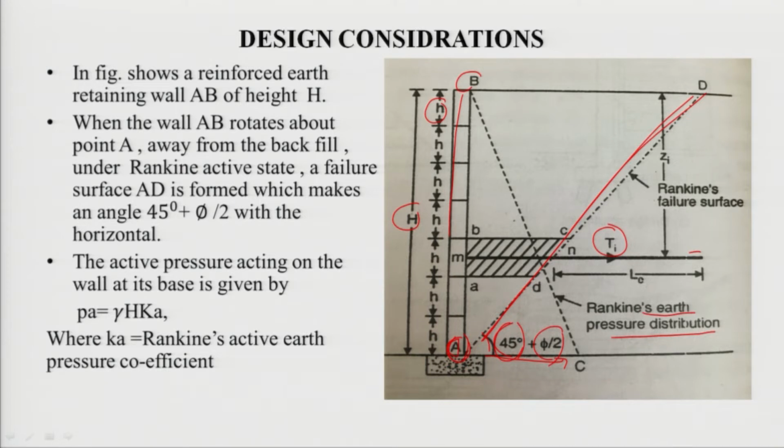So, the active pressure acting on the wall at its base is given by P_A, this is the active pressure, gamma H K_A. Gamma is the unit weight, H is the height, and K_A is the coefficient of Rankine's active earth pressure.